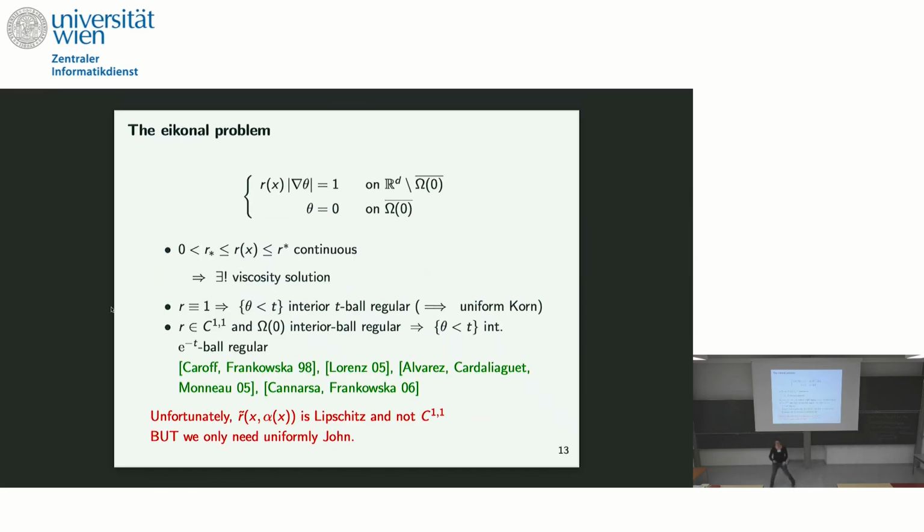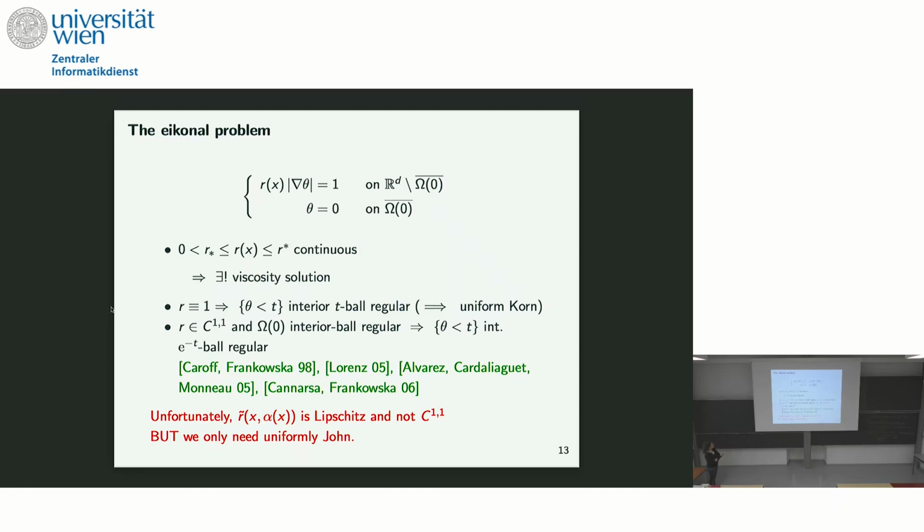Because then you start looking into the literature to understand what is known about this eikonal equation, and you realize that the existing results required R to be either constant or C^{1,1}. They said that if you start from an initial datum nice enough, say one satisfying the interior ball regularity, then it would keep the interior ball regularity, albeit with a slightly worse radius. In our setting, we are not C^{1,1}, so we cannot use those results.